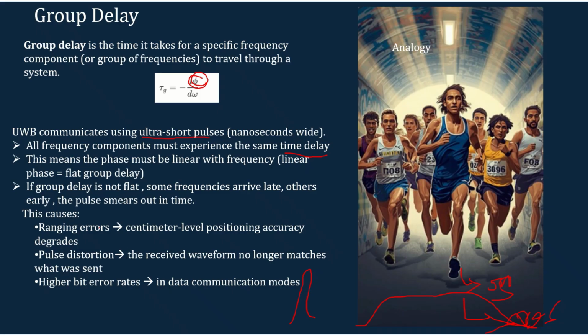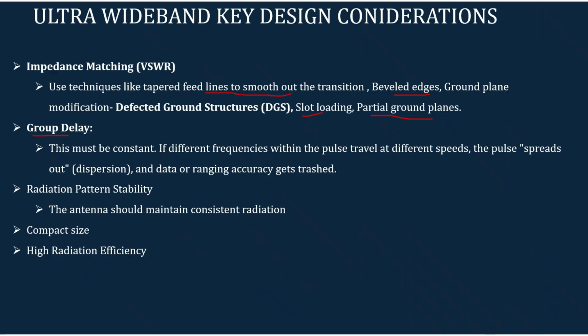For UWB applications, all the frequencies should take the same time to travel through the system. So the group delay has to be constant. If different frequencies within the pulse travel at different speeds, the pulse spreads out and data or ranging accuracy gets trashed.